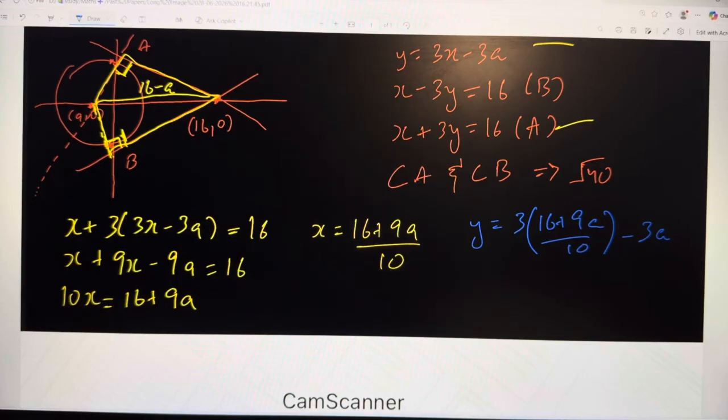Okay, multiply by the numerator. 16 times 3 is 48, so y is equal to (48 plus 27a) upon 10 minus 3a.